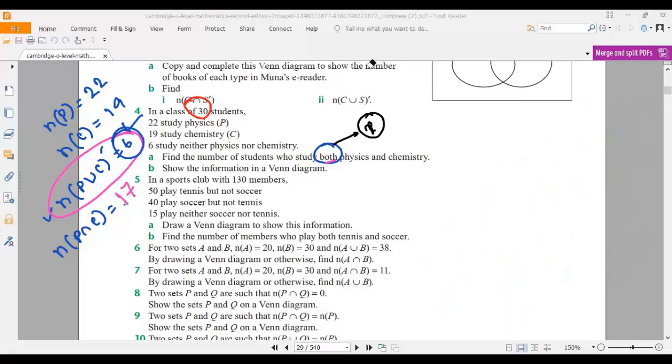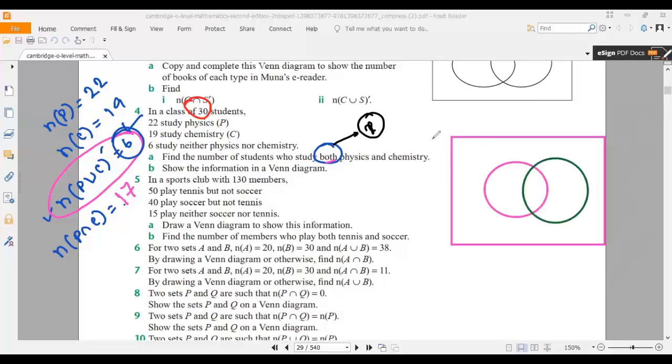Now we need to show all of this information in a Venn diagram. So here the universal set total will be 30. Here this circle represents the students who study physics, and this circle represents the students who study chemistry. The number of students who only study physics will be 22 minus the common part.